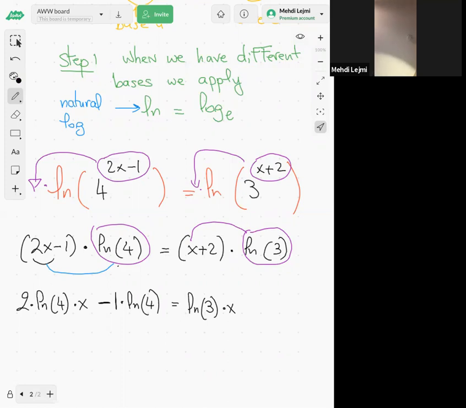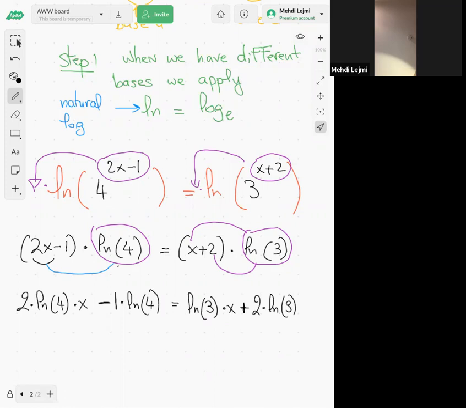So it's just a number. Don't get scared of this natural log of 3 or 4, okay? And then next, there's this 2 times natural log of 3, so it's plus 2 times natural log of 3.